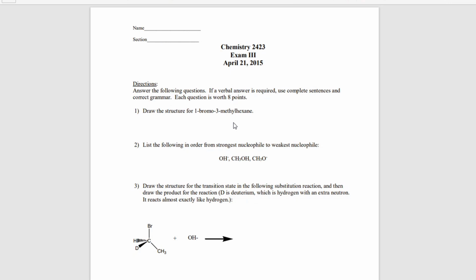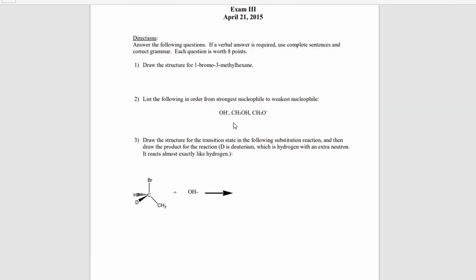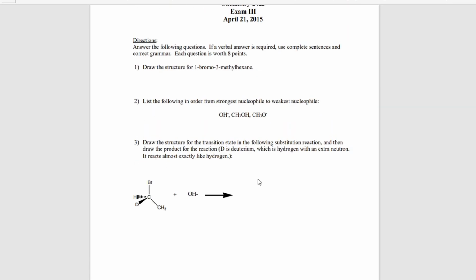Okay. That's fine. So, question number 2 is actually surprisingly difficult, a little bit more difficult than you might expect. Question number 2 is about the ranking of nucleophiles. There are a couple of different factors to consider when you're talking about nucleophilicity.